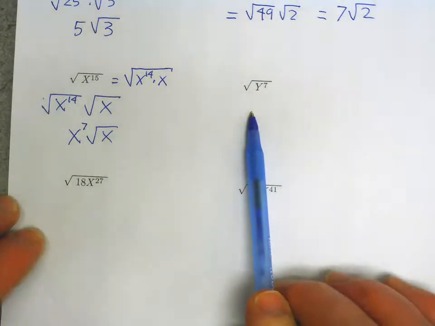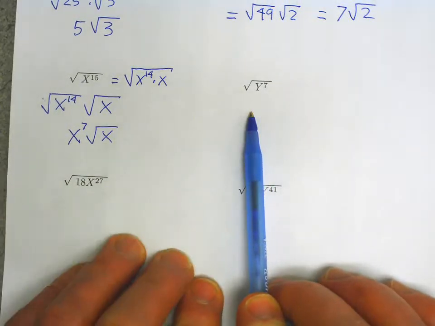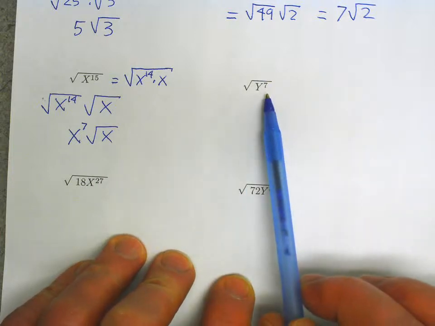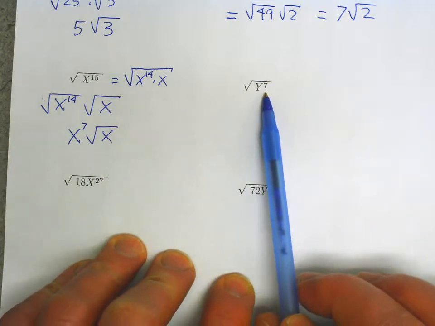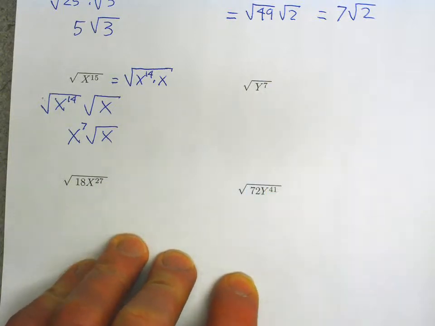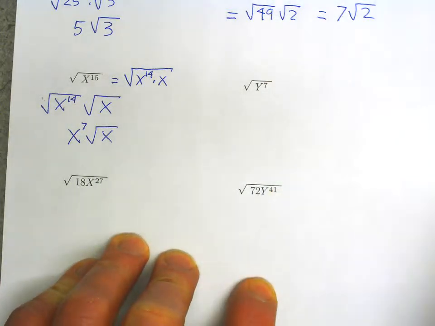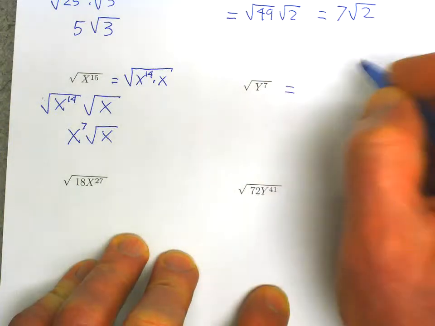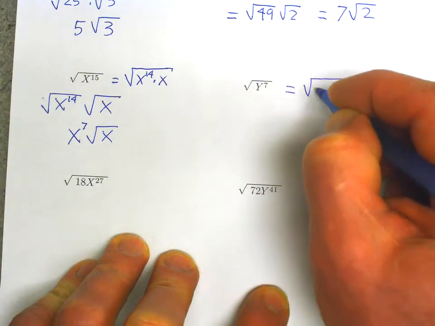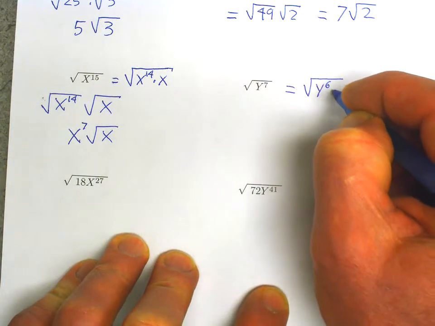In the next example, simplify the square root of y to the 7th. The exponent 7 is not an even number. The largest factor of y to the 7th that's a perfect square is y to the 6th. So we'll rewrite it as the square root of y to the 6th times y.